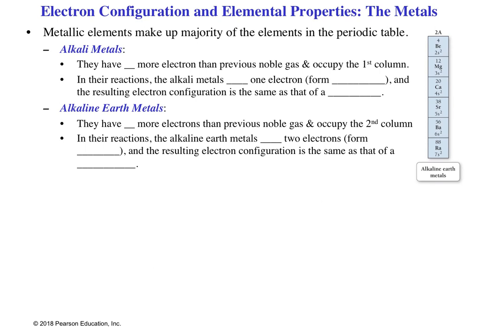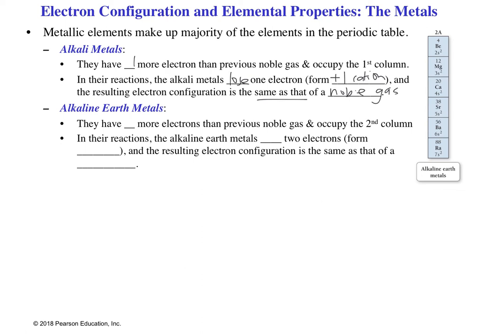So metals make up most of the periodic table. Alkali metals are that first group, and they have 1 extra electron than a previous noble gas. So these alkali metals like to lose 1 electron in order to form a positive 1 cation, which would give them the same valence shell or electron configuration as a noble gas.